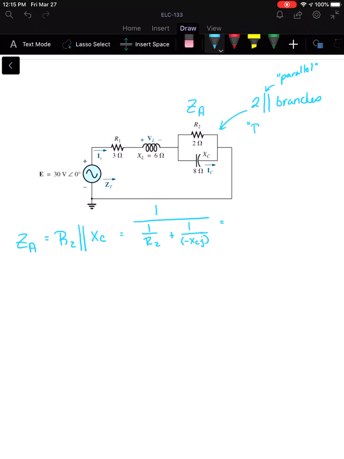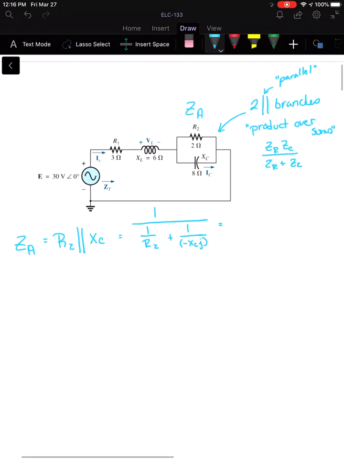We could also do what we call product over the sum to calculate the total, which would be ZR times ZC over ZR plus ZC. So I'm also going to show that here.